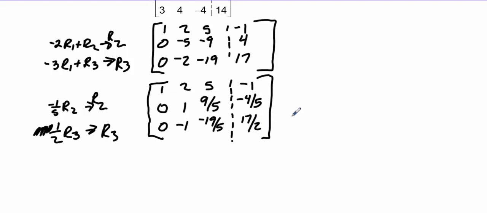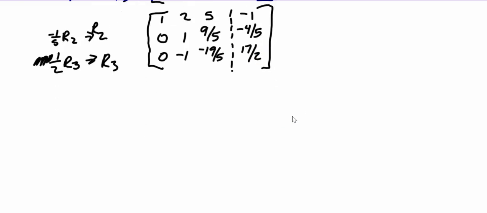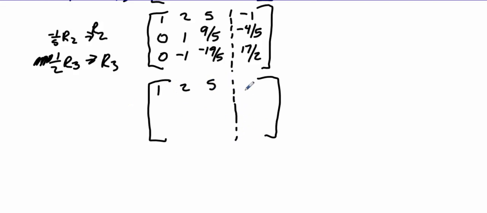All right, the bonus of that was now I have 1 and negative 1 opposite each other, so I can add these two rows to get my 0 below that 1. So let's go ahead and do that. Copy row 1, and for that matter row 2, because they have what I need.